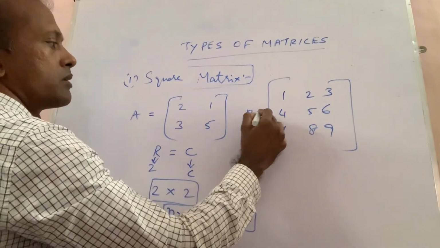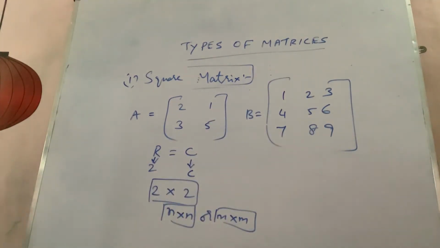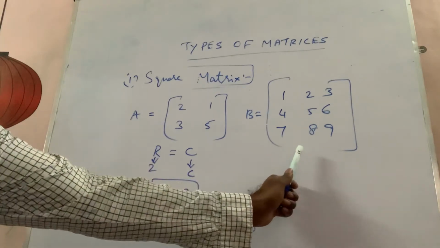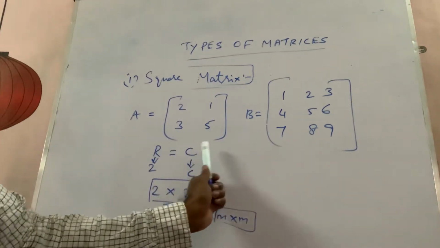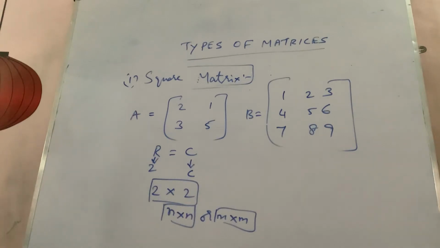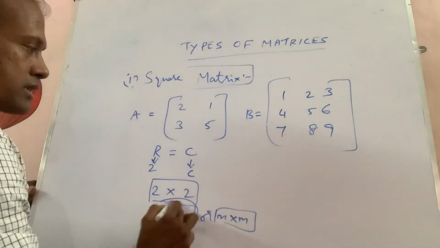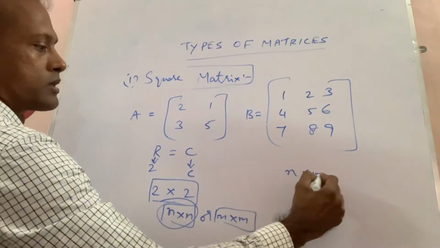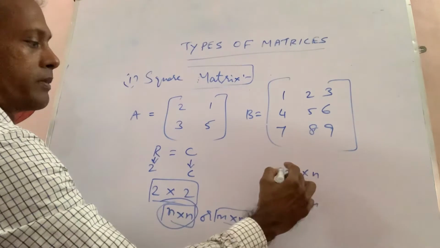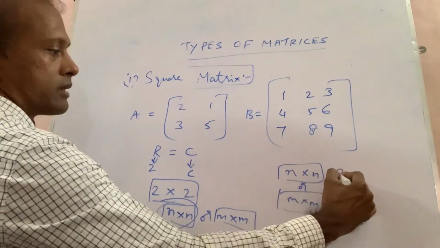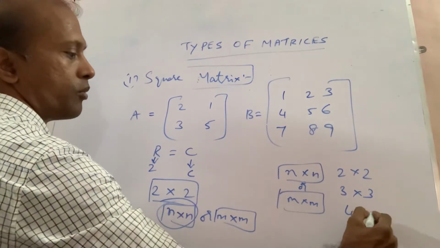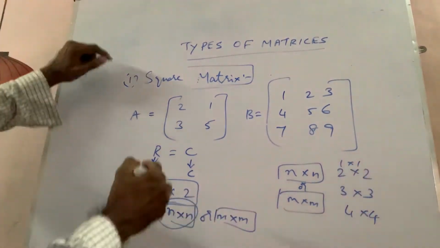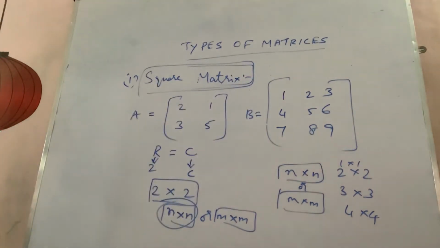So this is another matrix B. So in general you can say these both of these, A and B, are square matrices of orders n cross n or m cross n, 2 by 2 or 3 by 3 or 4 by 4 or 1 by 1, then you can call that matrix as what? Square matrix, right?